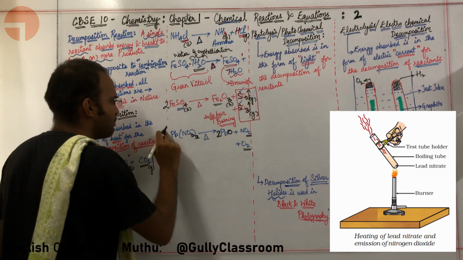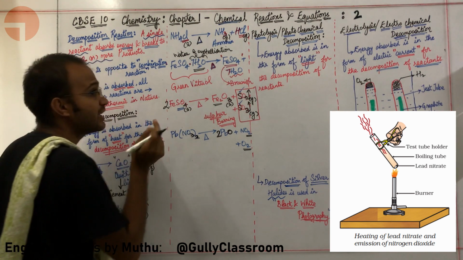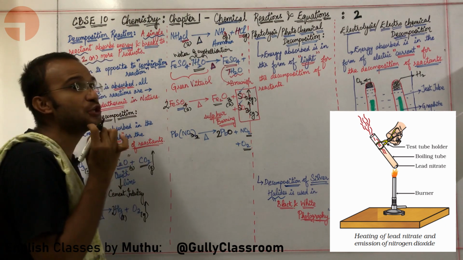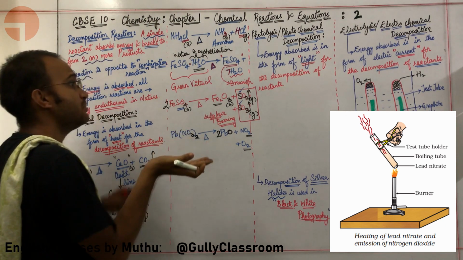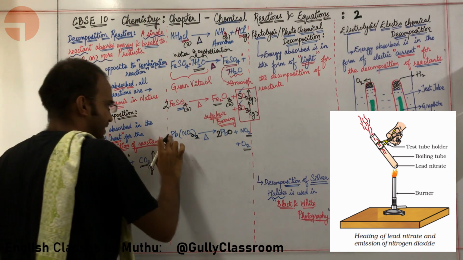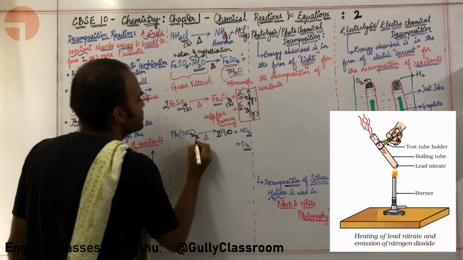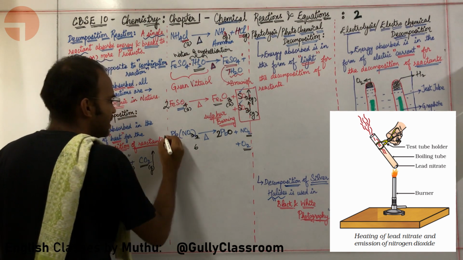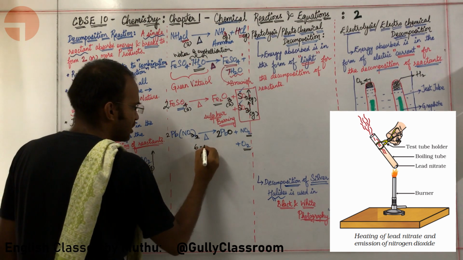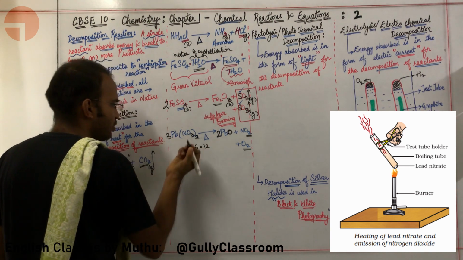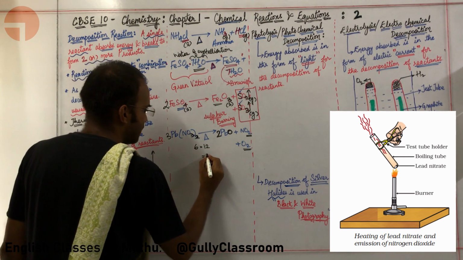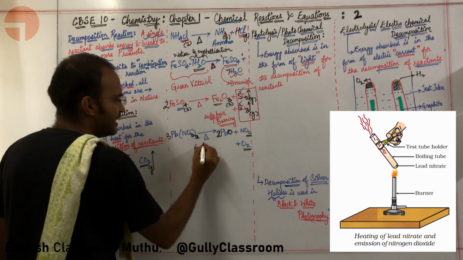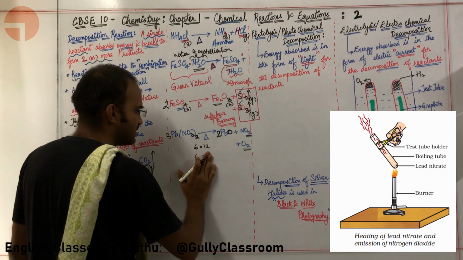Whatever number I add here as the stoichiometric coefficient, the total number of oxygen will always be even, in fact multiples of 6. If I add 2 here, the total number of oxygen is 12. If I add 3 here, it is 6 into 3, which is 18. Anyway, it is all even and multiples of 6.